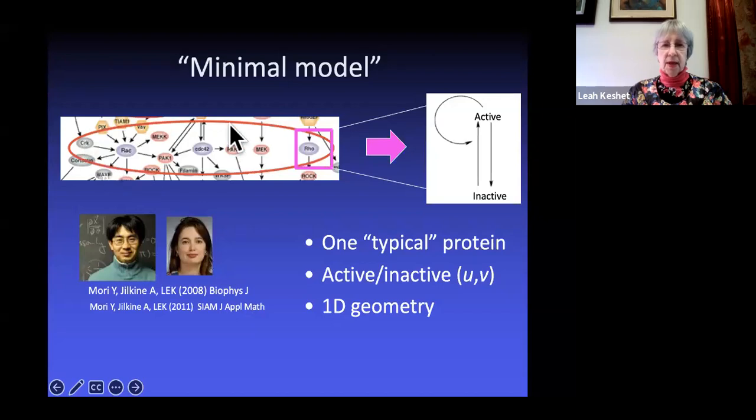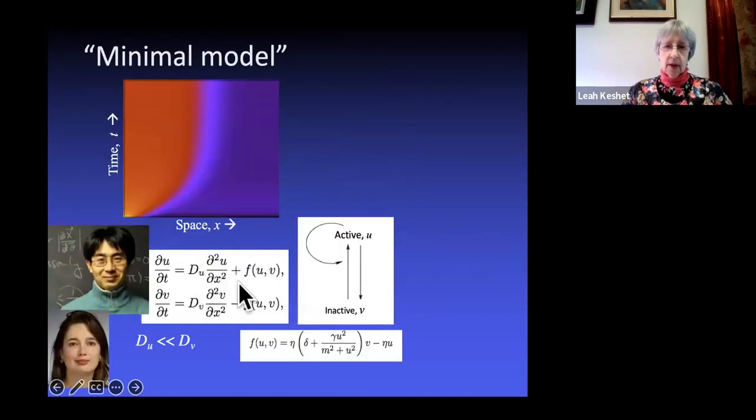What they did was simplify this vastly complicated network by looking at just one of these proteins, Rho or CDC42 or RAC, considering just its active and inactive forms as shown in this little icon on a 1D geometry, as I've explained, and put together a set of PDEs that could model this redistribution and on-off interaction.